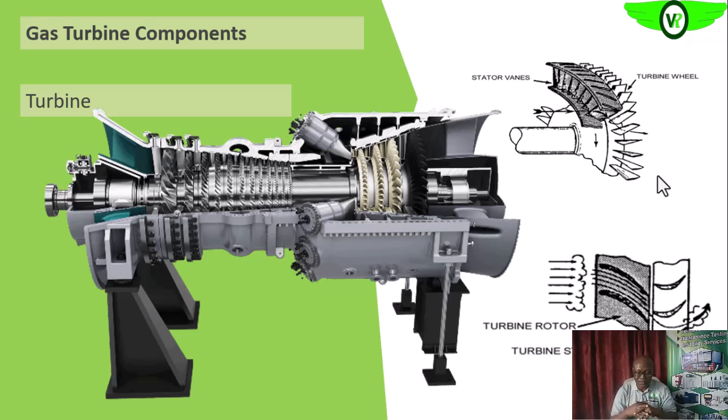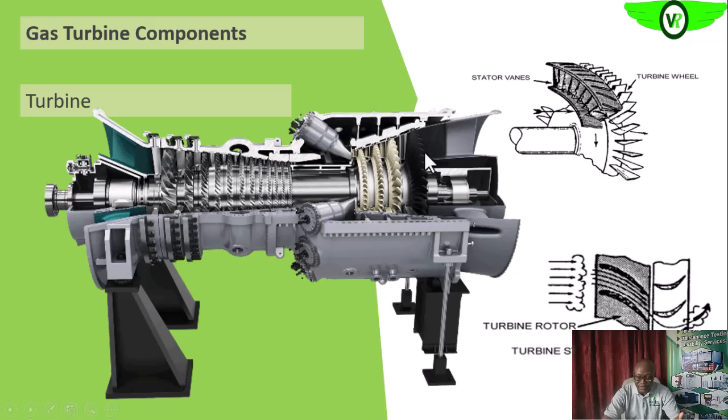The basic function of the turbine is to convert the kinetic energy in that high energy combustion product into rotating mechanical energy. So that is what we actually want from the gas turbine, and that is what the turbine is doing. As you can see, we have two sets of blades in each of the stages.